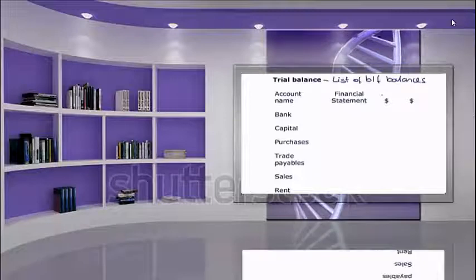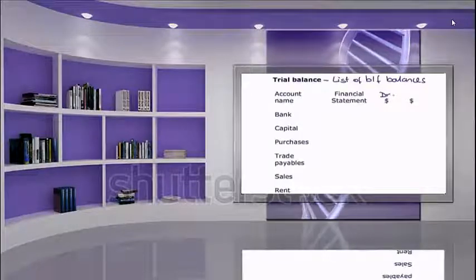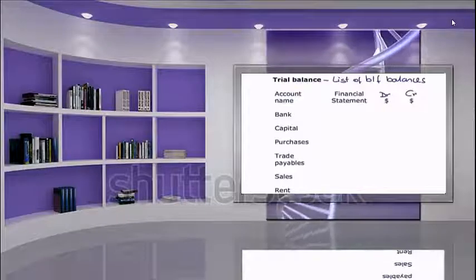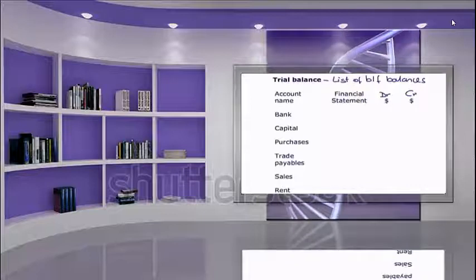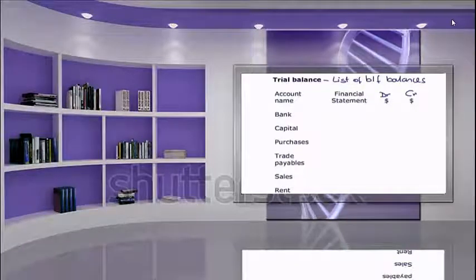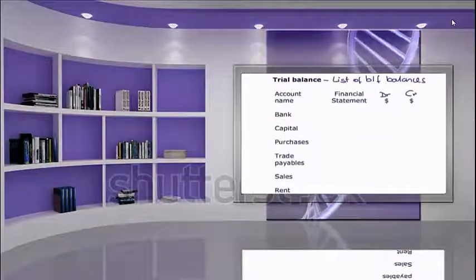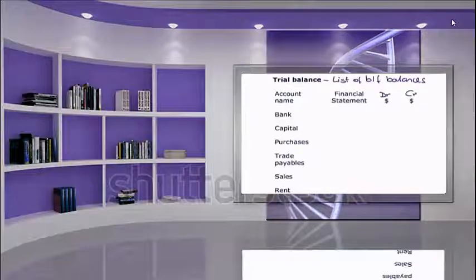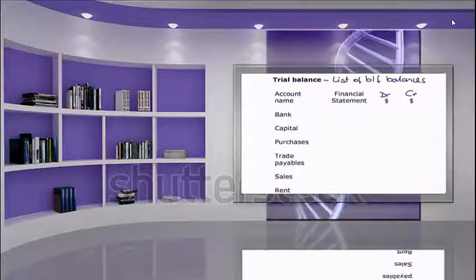One column, which is the debit column, DR, and the second column being the credit column, CR. And these are going to list all those brought forward balances, those amounts, and we're going to extract them from the ledger accounts. So you can see in your notes then we have all the account names that we've opened up already sat on our trial balance.